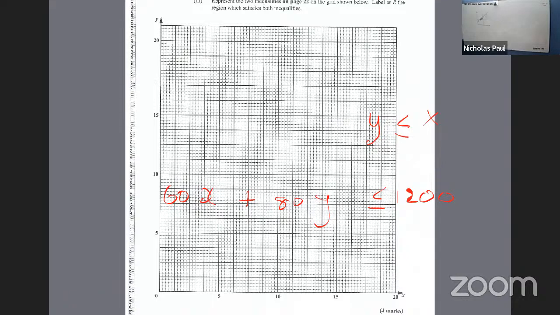But you have to show the arrows first, right? So show all the arrows.